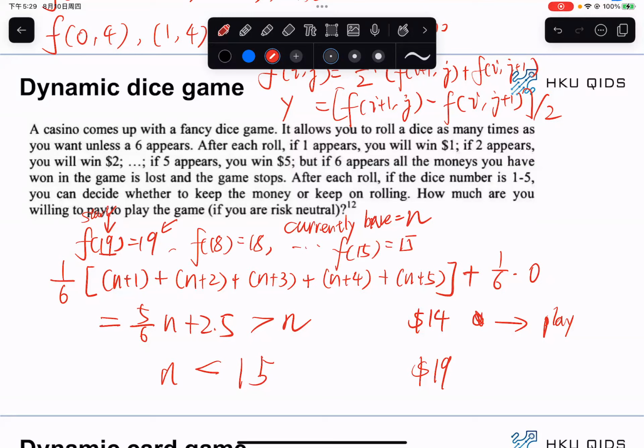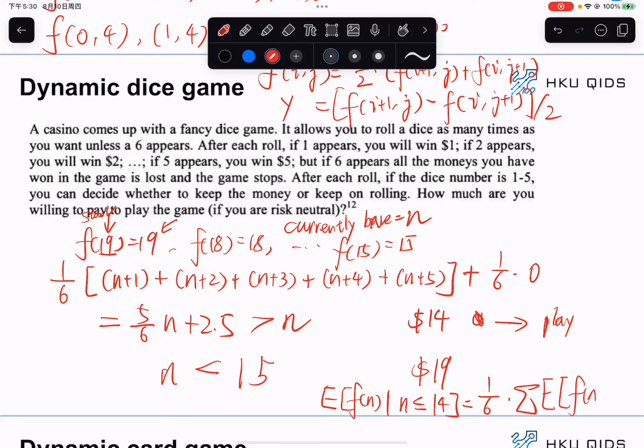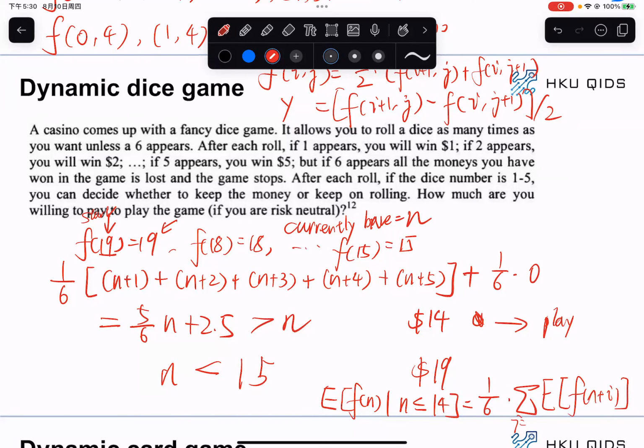And we know that the expected value of Fn, conditional on n being smaller than or equal to 14, is going to be simply 1/6 times the sum of the expected value of F(n+i), i equal to 1 to 5.